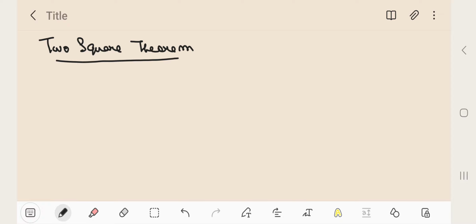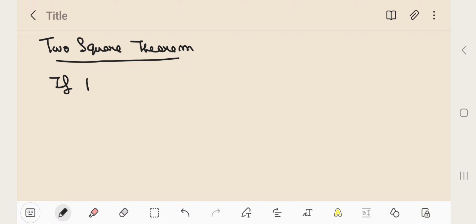Okay, so in this lecture, we are going to talk about the two square theorem. Let me first simply state the statement of the theorem.